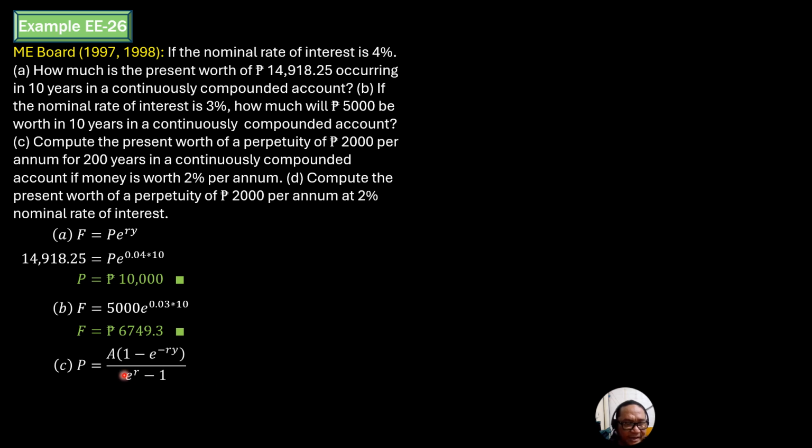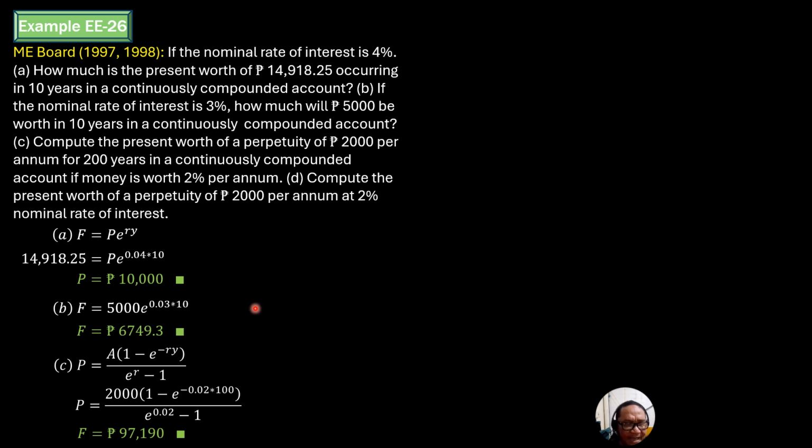So A is equal to 2,000, r is 0.02, then y is 200. And the third one is perpetuity, so the difference between the answers to C and D is small, because C is 200 years, that's a long period already.